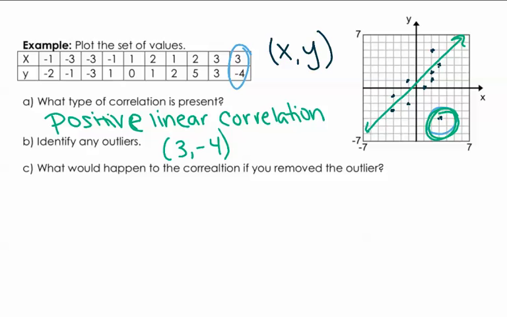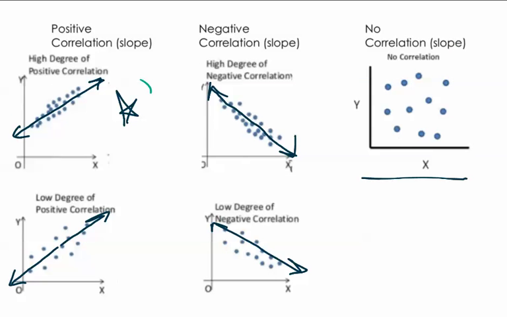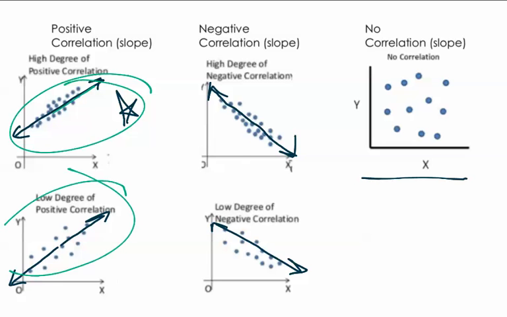But if we have that point removed, if it wasn't part of our graph, then we could see that more of our data was closer to that best fit line. That kind of goes back to these examples over here. The closer your data points are to that best fit line, the stronger correlation you have, the higher degree of positive correlation.